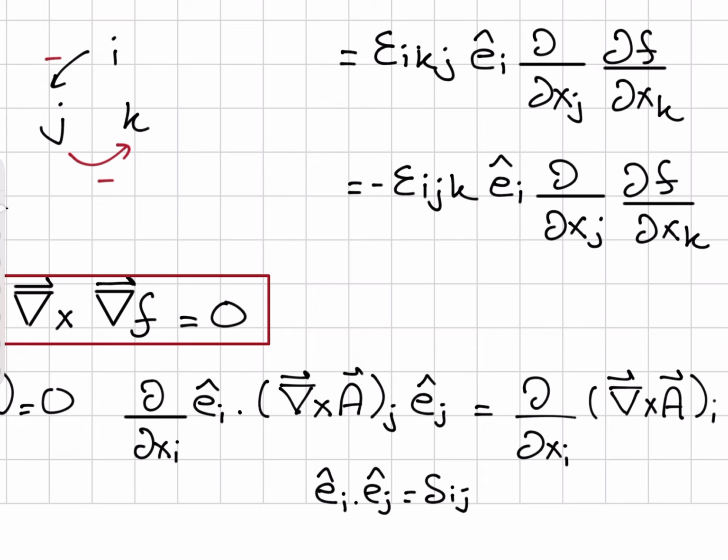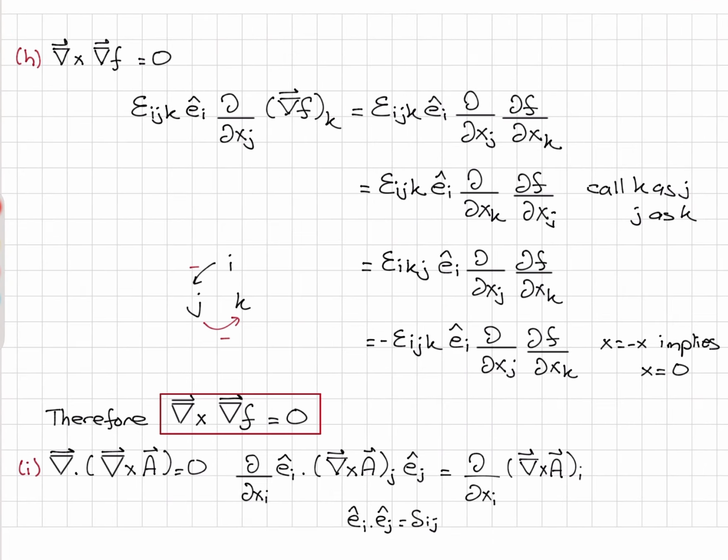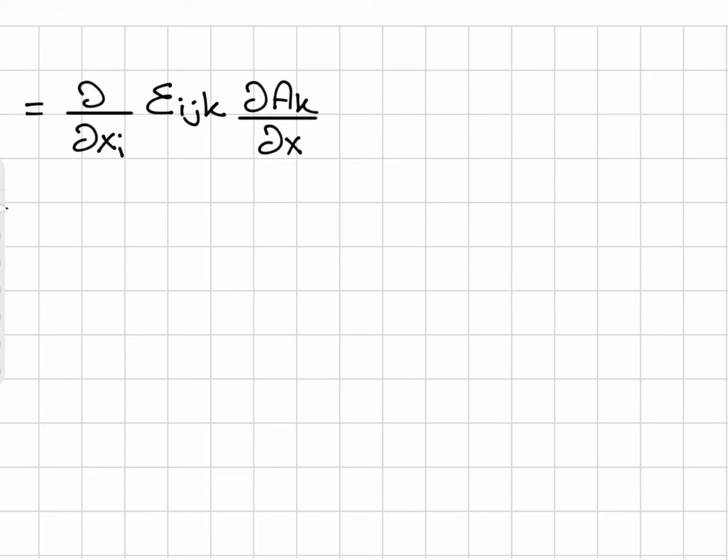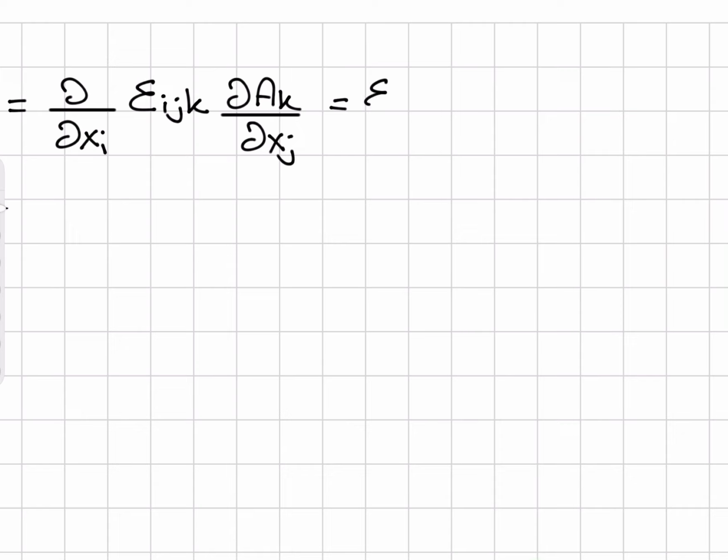All right. And now I'm going to write the i component of curl A. So this is equal to del xi, the i component of curl A, epsilon ijk del ak del xj, which is epsilon ijk.